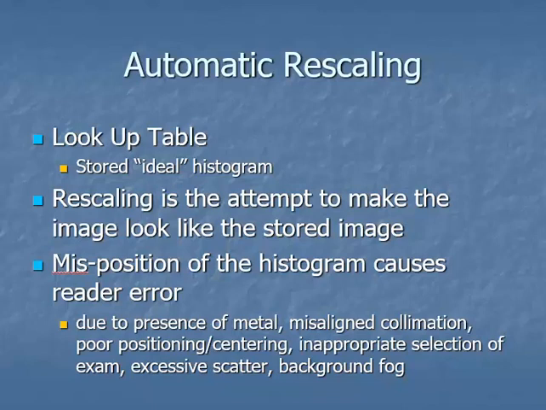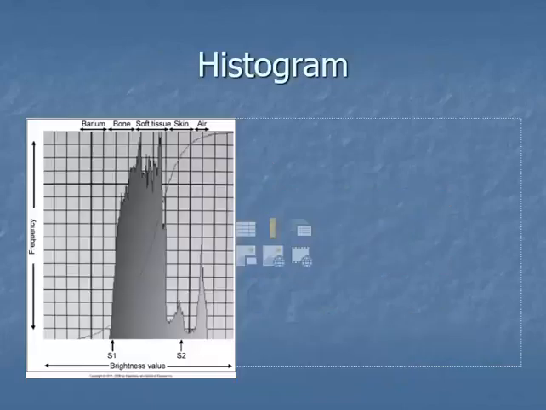Mispositioning of the histogram causes reader error. If you have a patient with, let's say, a hip prosthesis, your computer has a hard time making sense of that, because on your histogram you would have large areas with very, very low density, very low exposure to the image receptor.